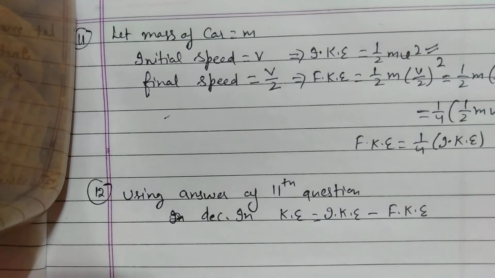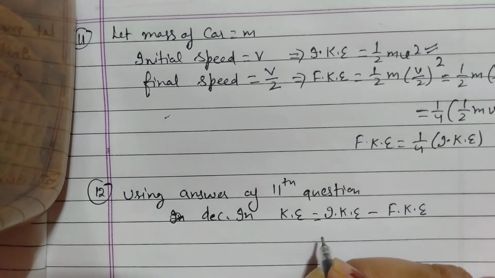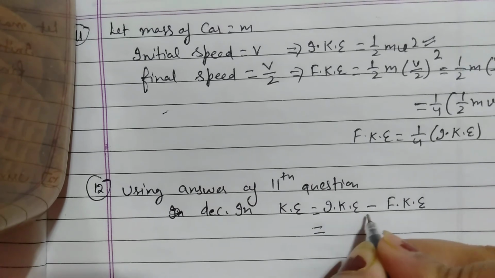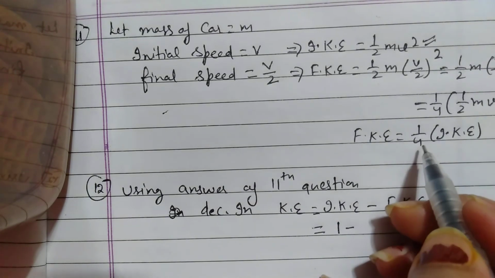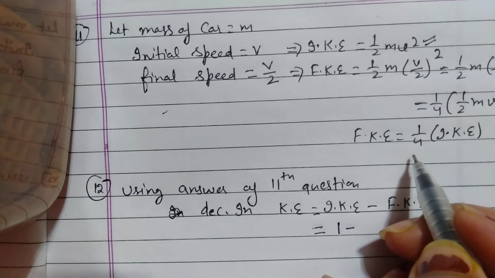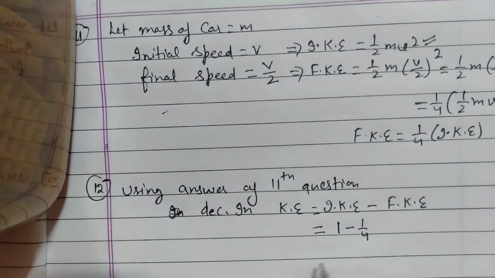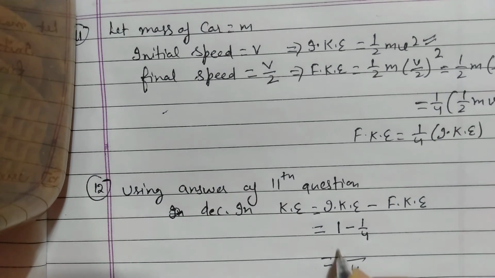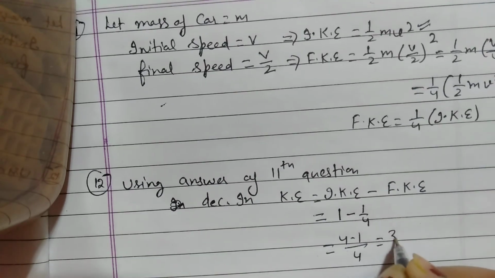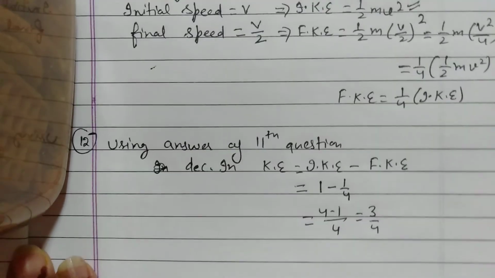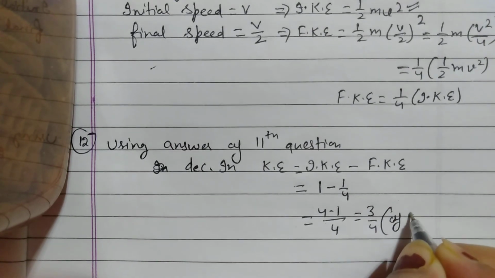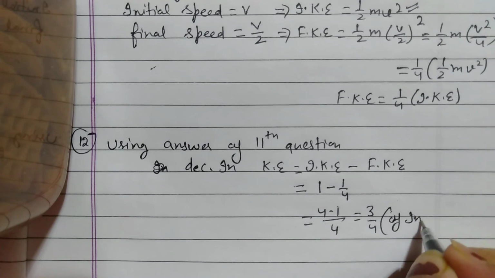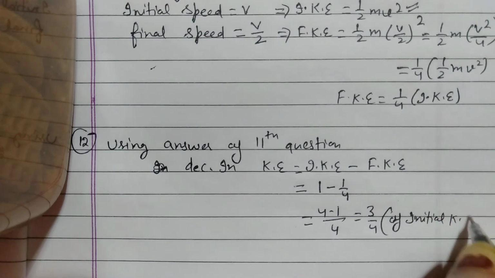If the value of initial kinetic energy is one unit, then final kinetic energy is 1 by 4 of the unit. We will take the LCM, that is 3 by 4. So it will be 3 by 4th of the initial kinetic energy.